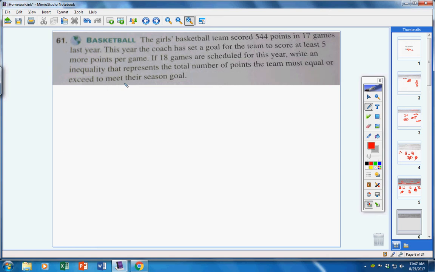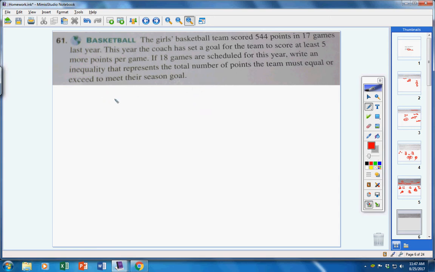The girls' basketball team scored 544 points in 17 games last year. This year, the coach has set a goal for the team to score at least 5 more points per game. They have 18 games scheduled. Write an inequality that represents the total number of points the team must equal or exceed to meet their season goal. Now, step back and think for a second.